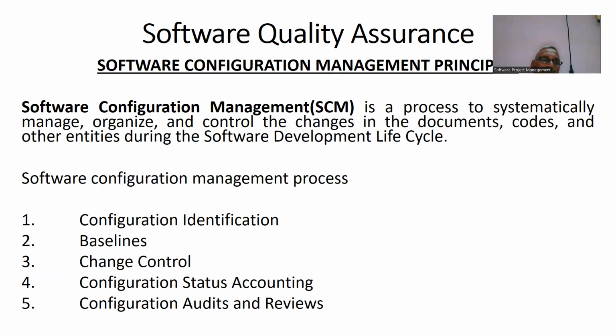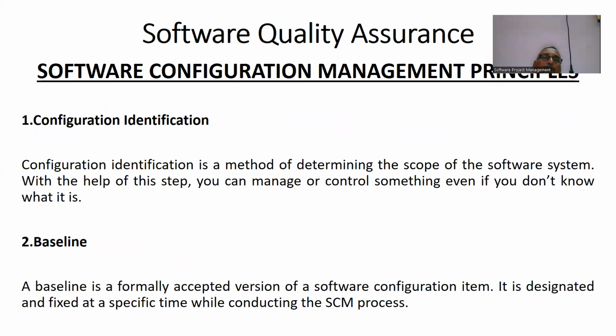Next one, software configuration management process. The process includes configuration identification, baselines, change control, configuration status accounting, and configuration audits and reviews. First one, configuration identification. Software configuration identification is a method of determining the scope of the software system.